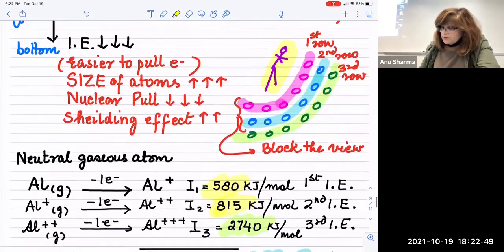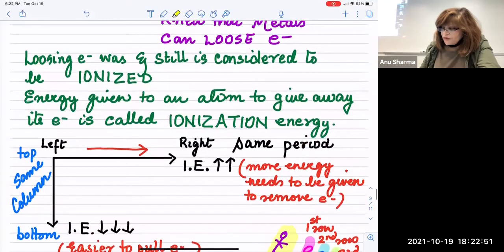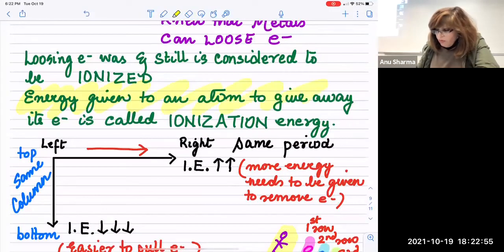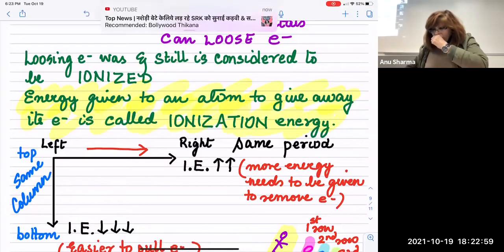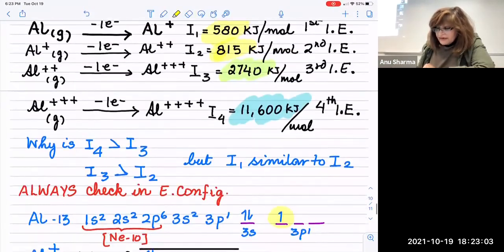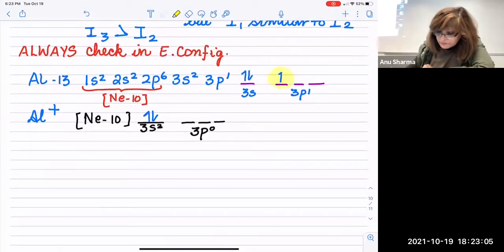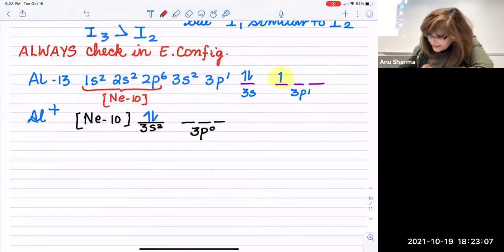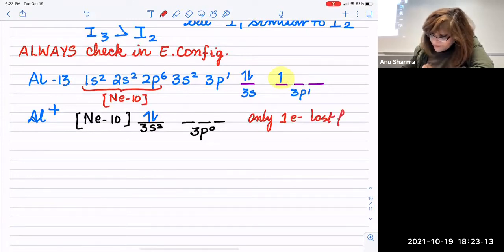Remember that the ionization energy is the energy given to an atom to give away its electron. So we see here that a little bit of energy is given and only one electron is lost from 3p1.